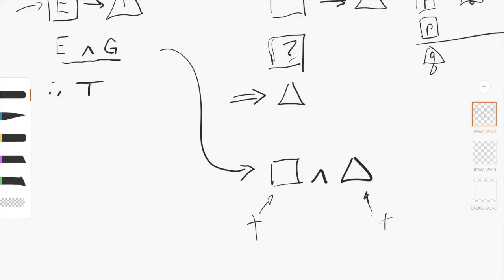Now, if you think about it, if both these sides are true, then any one of them has to be true. Or to put it another way that's a little more formal, if you have P and Q, then you can conclude P. So think about it. The same reasoning applies here.